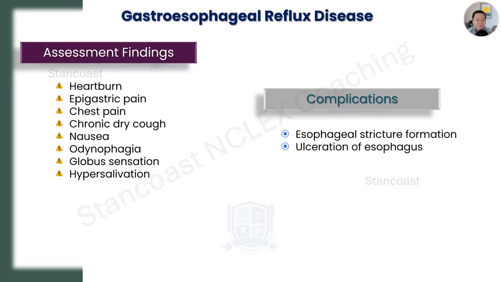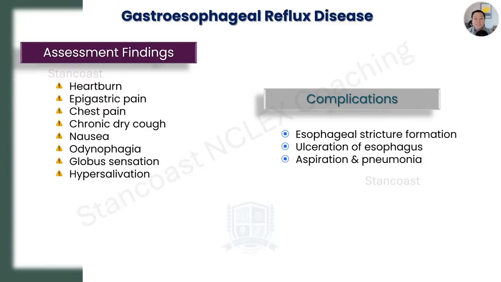Now we have ulceration of the esophagus, and this occurs due to prolonged acid exposure, which can result in pain, bleeding, and infection. And we have also aspiration and pneumonia. This is going to happen when the stomach contents, including acid, are inhaled into the lungs. It can cause inflammation and infection, leading to aspiration pneumonia.